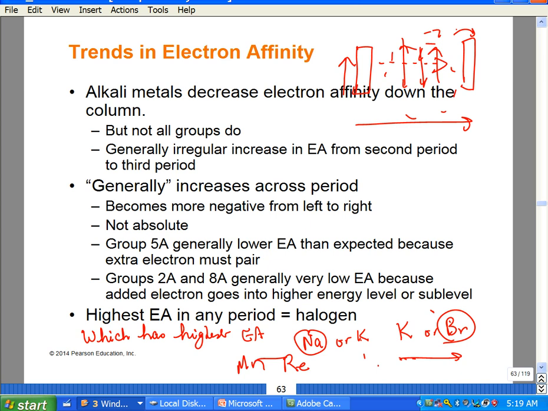You really can't tell, can you? Unless you have a table in front of you that gives you specific numbers, you can't tell by trends alone, because they don't fall within one of the predictable zones on the periodic table for electron affinity. All right.